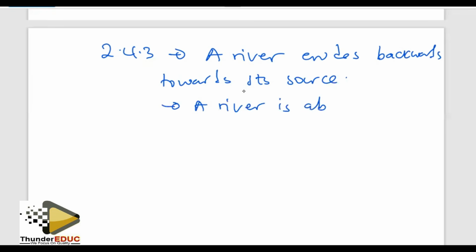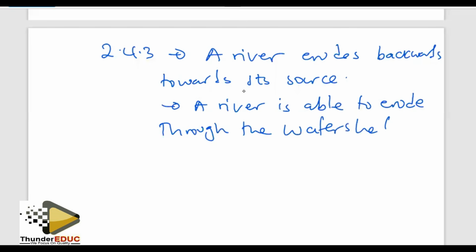The river is able to erode through the watershed and will steal the other area.